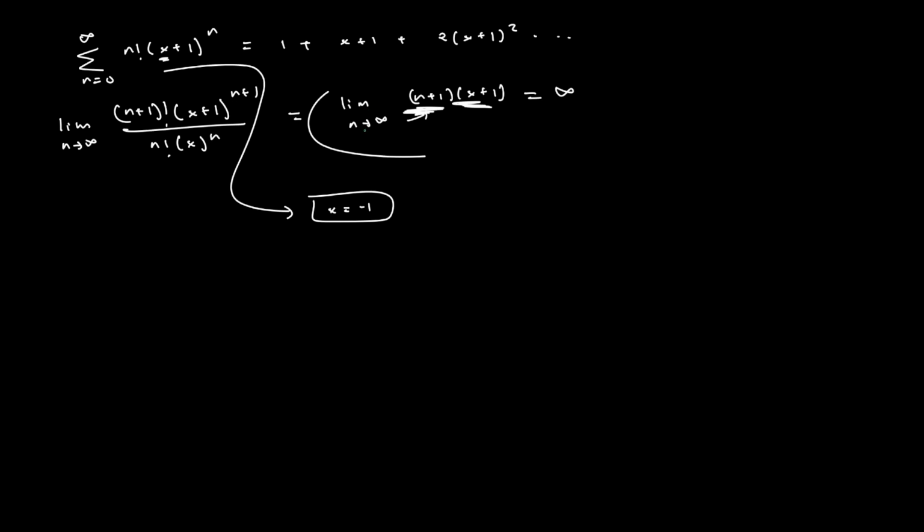Finally, let's do one last one. This one says find the summation of n equals 1 to infinity of (x minus 3) to the power of n divided by 2n. Now, I'll once again use the ratio test.